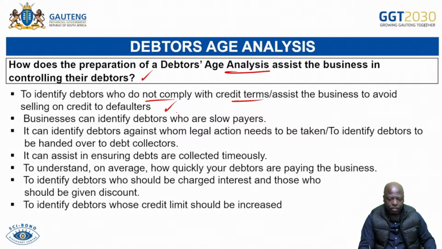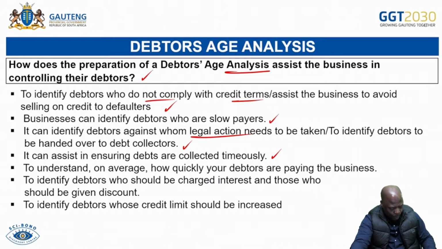Number two, the business can identify debtors who are slow payers. And then next, it can identify debtors against whom legal action needs to be taken, and debtors who can be handed over to debt collectors. And then it can assist in ensuring debts are collected timeously as well. Okay, and then the rest will also be relevant.